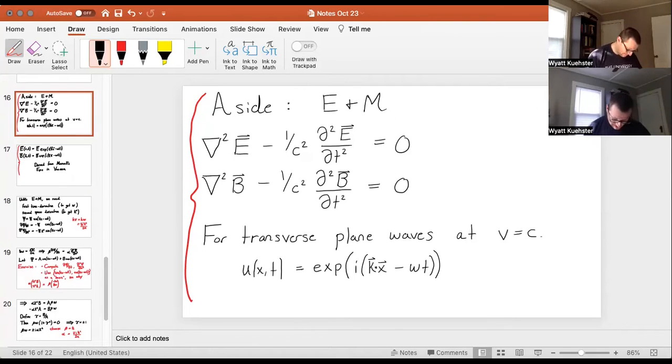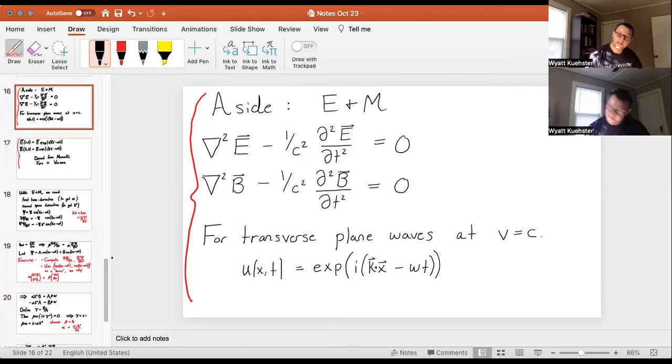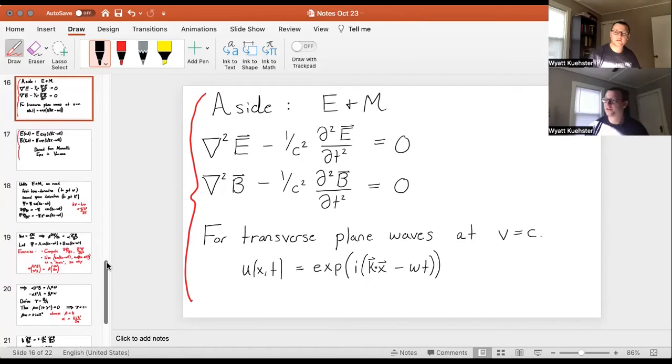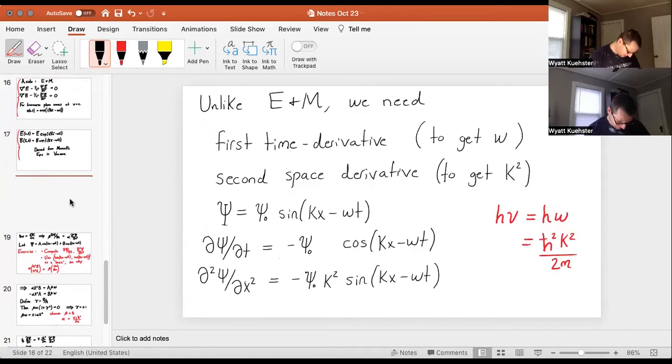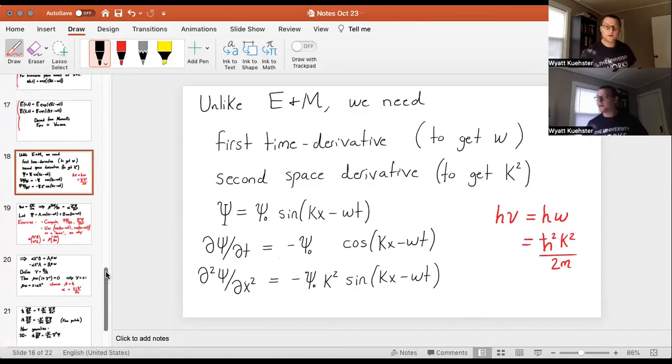But notice that for the wave equation in electrodynamics, we have two space derivatives from the Laplacian and two time derivatives. In quantum mechanics, we're only going to have one time derivative and two space derivatives. So it's a slightly different differential equation. And why do we have a first time derivative and a second space derivative in the Schrödinger equation?